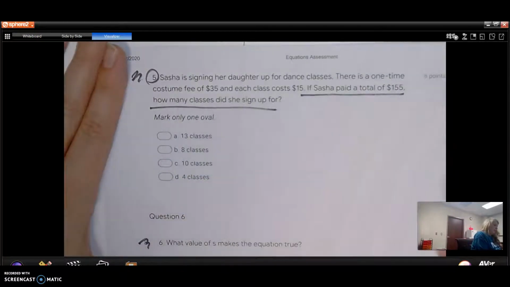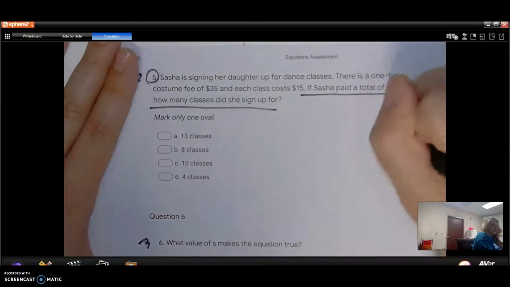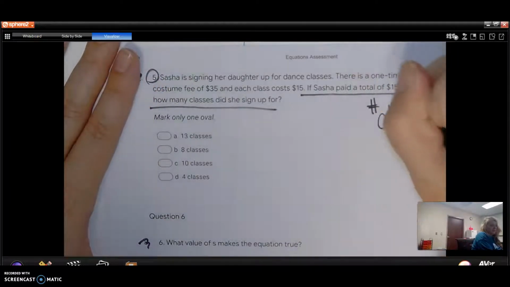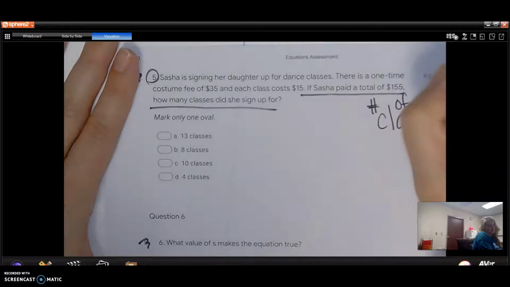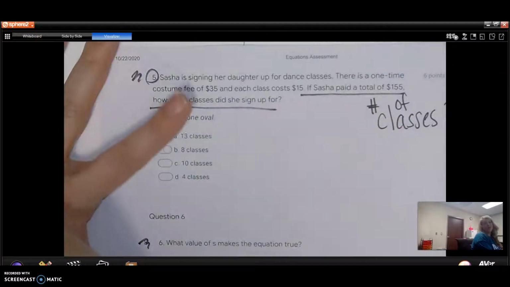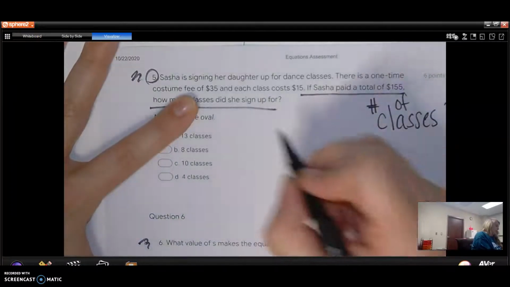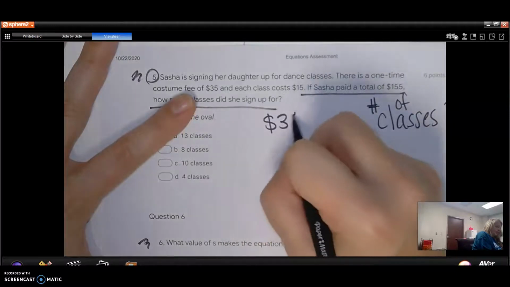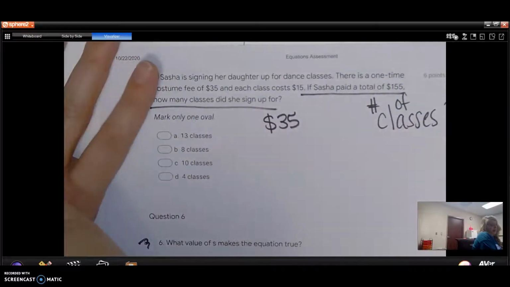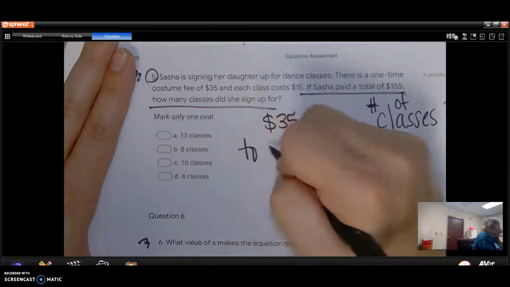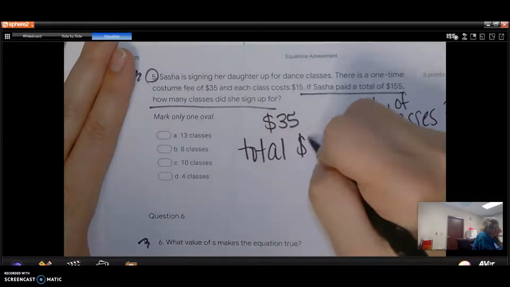Okay. So I am looking for the number of classes. That's what I need to know. Okay? I know that there's a one-time initial fee of $35. I know that there is a total of $155.